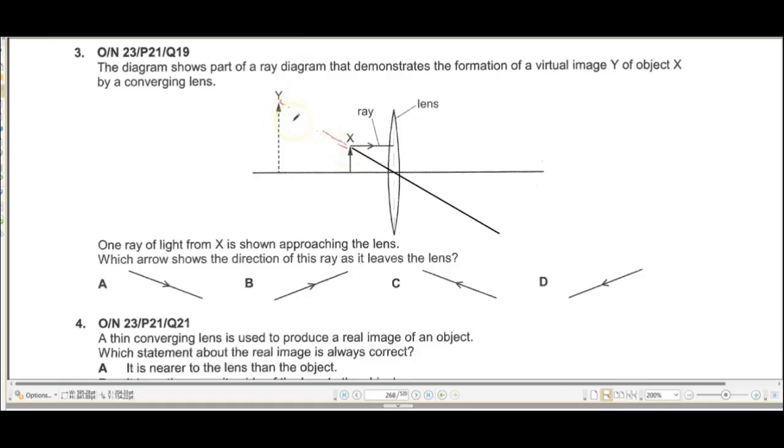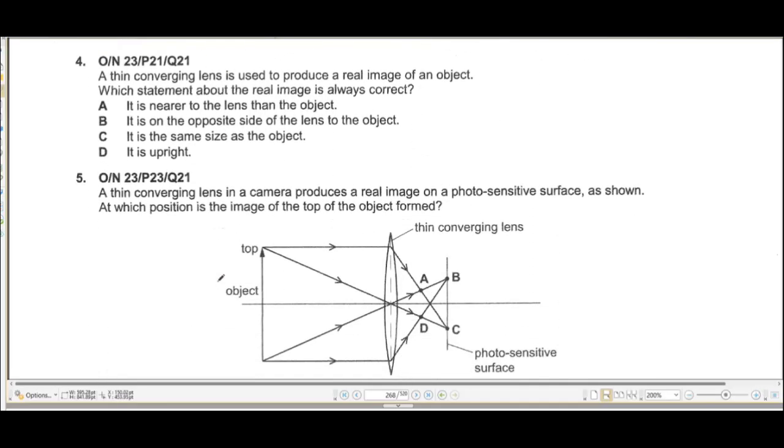Okay, so sorry, one of them is going to be here and one of them, this is always the issue with it, is going to be here. So this is how the image is going to be made. So it is going to be something like this. So out of all these, A resembles this line the most. So A is going to be our correct option.